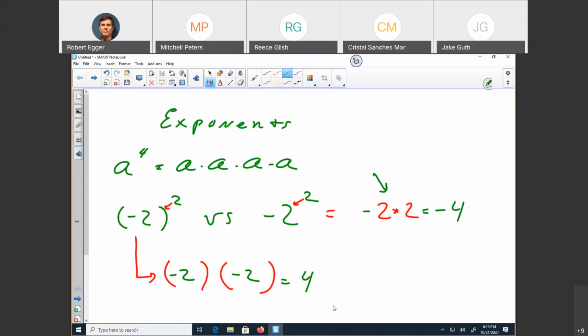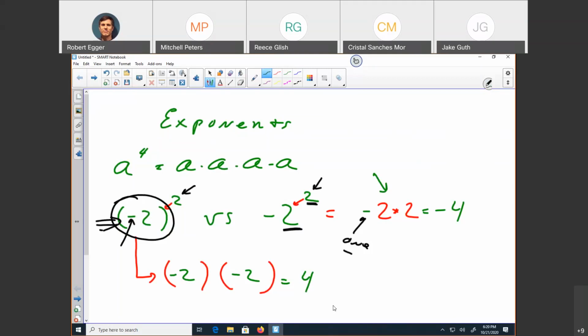I mean, if you don't have parentheses, the power is only working on the number itself. So I'll have as many 2's as I have an exponent, but I'll only have one negative. Only one negative, as many 2's as that exponent says. But with the parentheses, I'll have as many negatives as I have power.